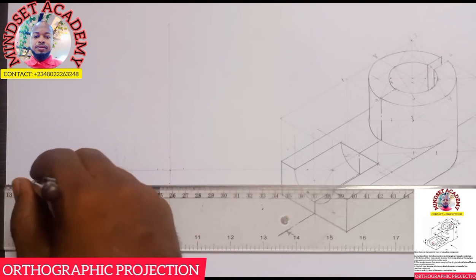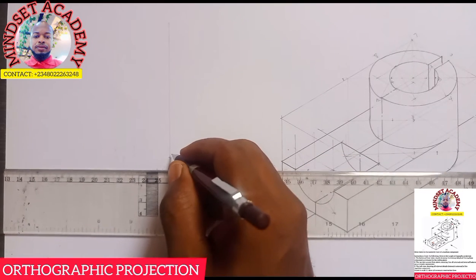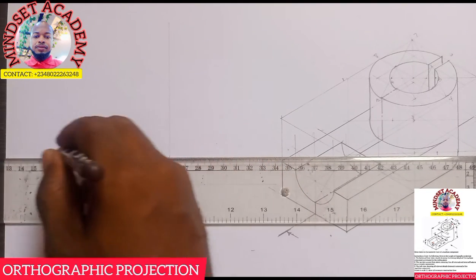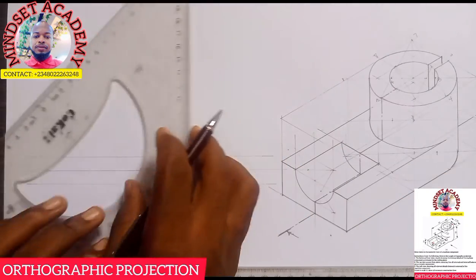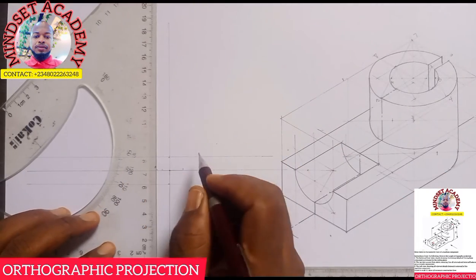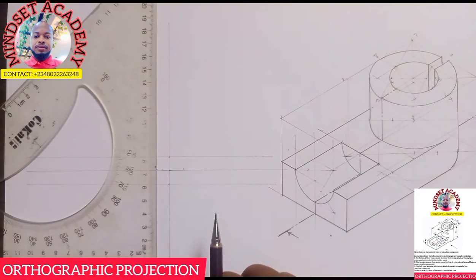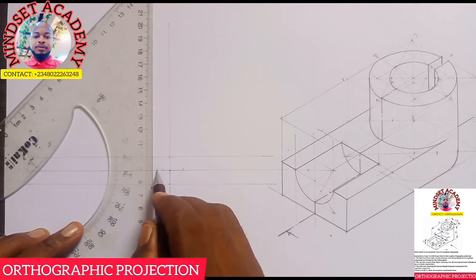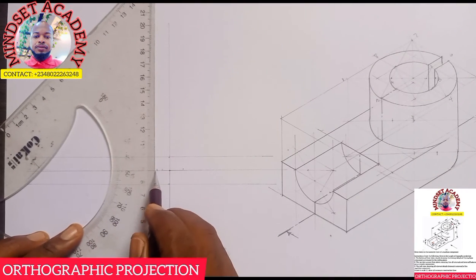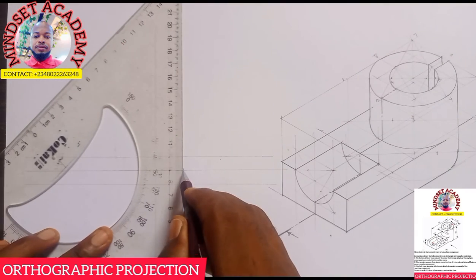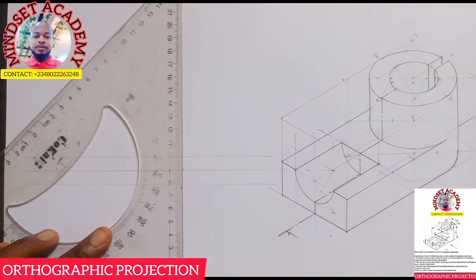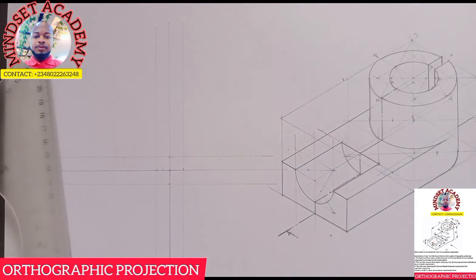So this is the first thing you have to do. Then here also, and here too. This is the first thing you do when you hear the word orthographic projection.